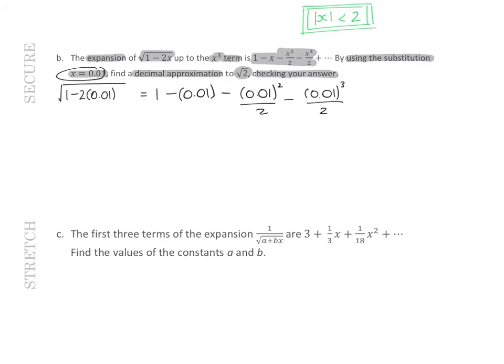And I'm actually going to store 0.01 for x. So on the left hand side, 1 minus 2x equals 7 root 2 over 10. And the right hand side, 1 minus x minus half x squared minus half x cubed.